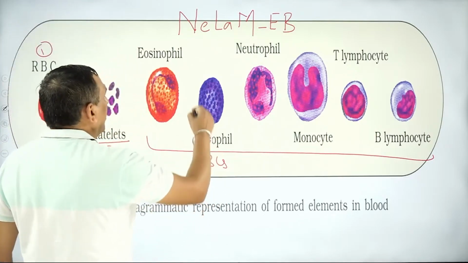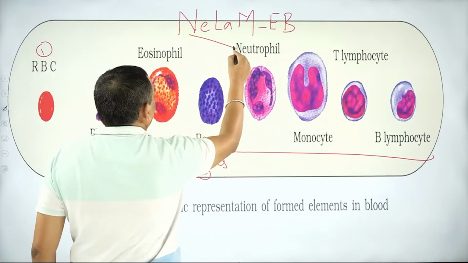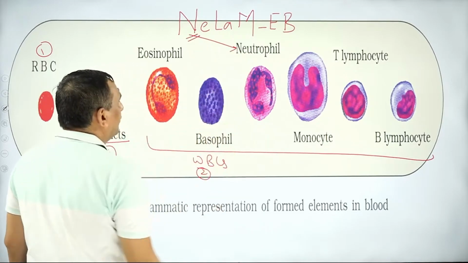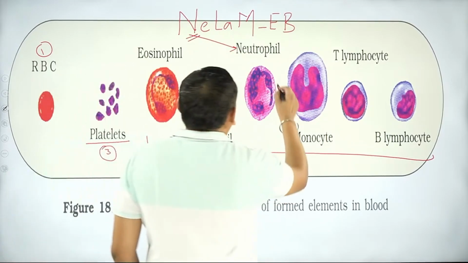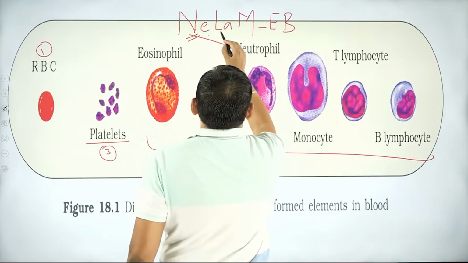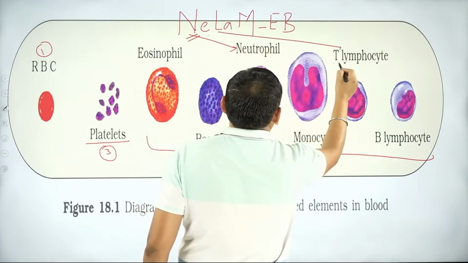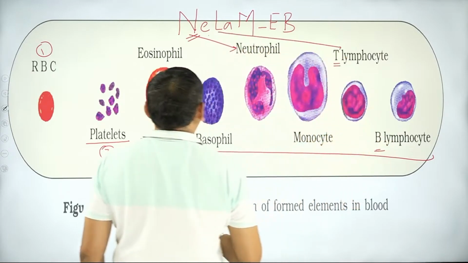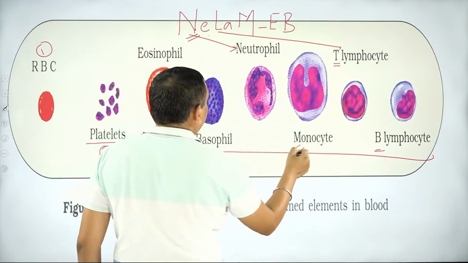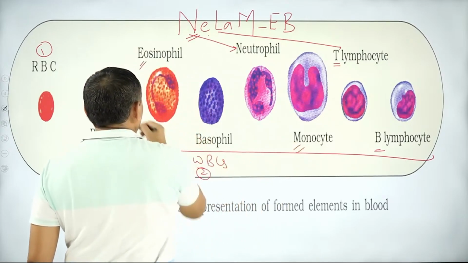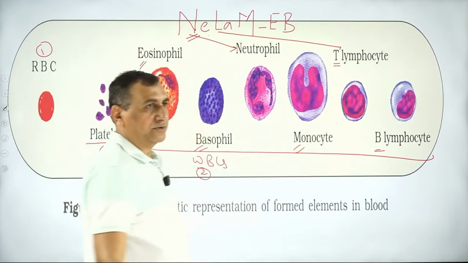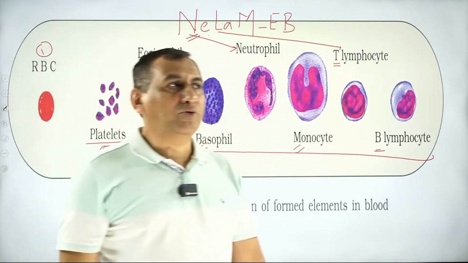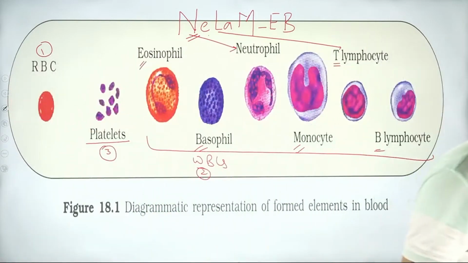See, N for neutrophil. L for lymphocyte, they are the T lymphocyte and the B lymphocyte. M for monocytes, E for eosinophils and B for basophils. So how many types of WBCs are there? 5 types of WBCs are there. Very good, Surya Prakash.